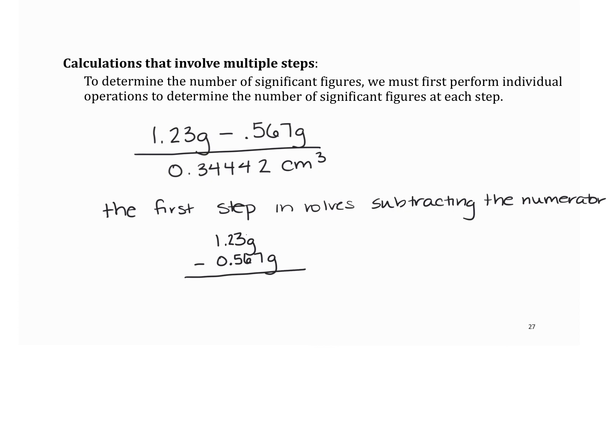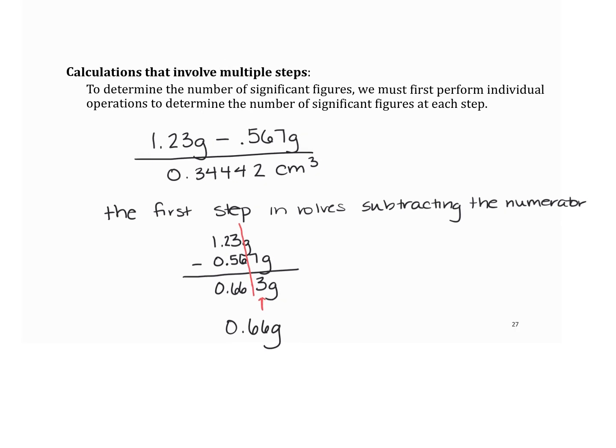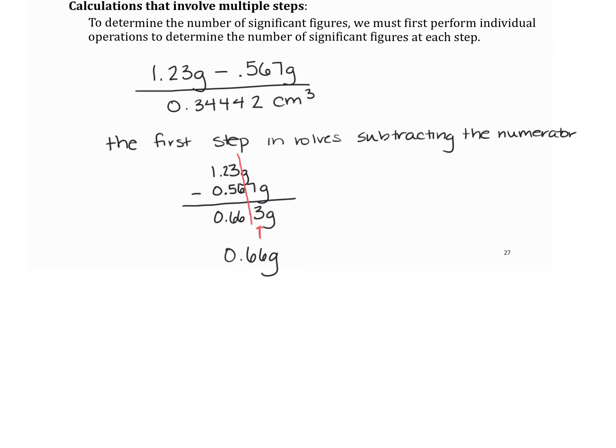Okay, so I come here, I line up my decimal places right like that, and I would say, okay, look, that's 0.663 grams. Okay, and so we look at rounding, right, and we look at this guy and we say, okay, we're gonna keep it as it is, 0.66 grams. And so there's 2 significant figures there.